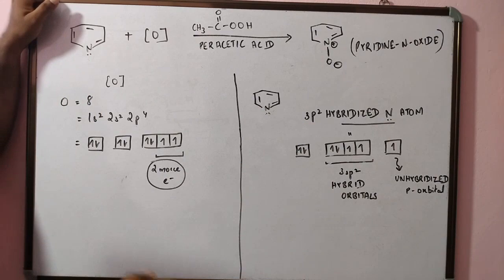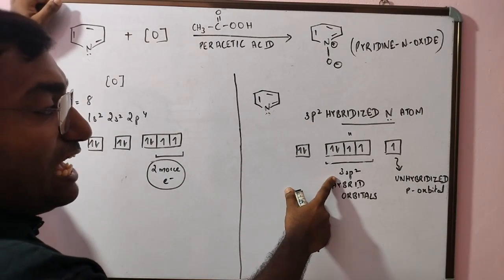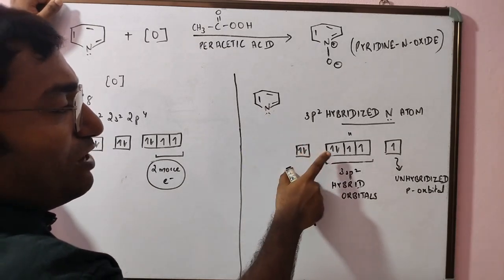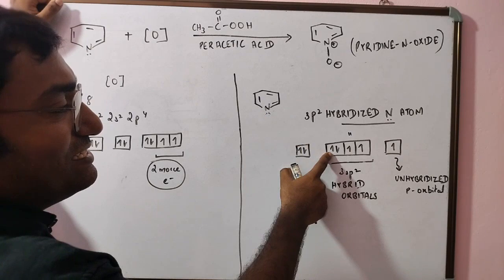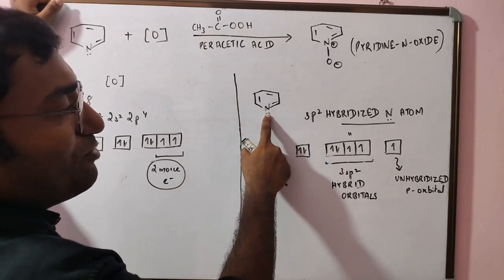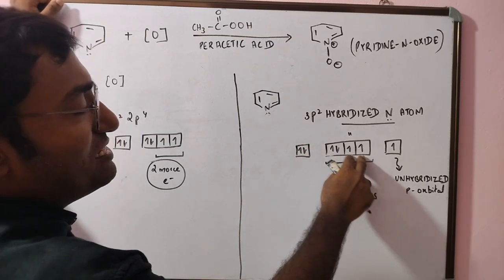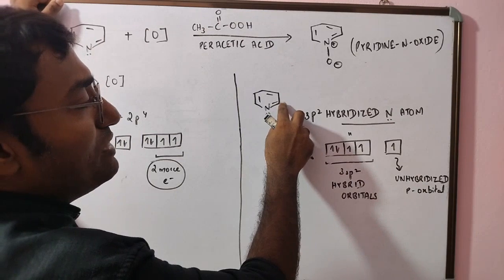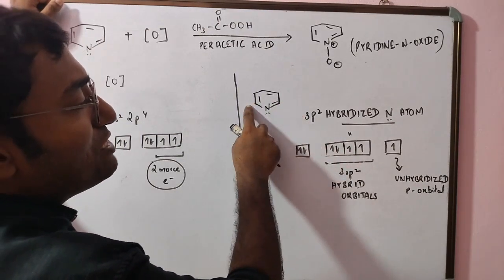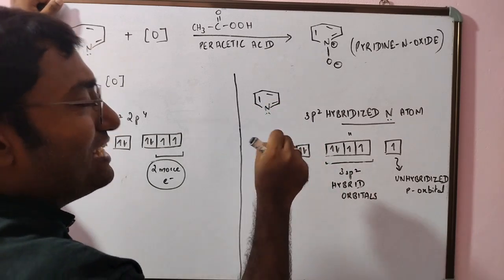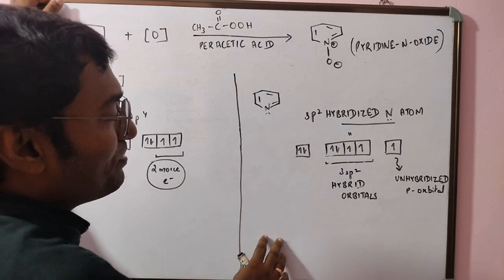sp2 hybridized means that there are 3 sp2 hybrid orbitals in this nitrogen. One of the sp2 hybrid orbitals consists of the lone pair of electrons. The other 2 sp2 hybrid orbitals are overlapping with the sp2 hybrid orbitals of carbon atoms on either side, forming the sigma covalent bond.